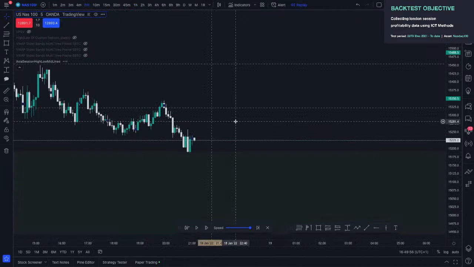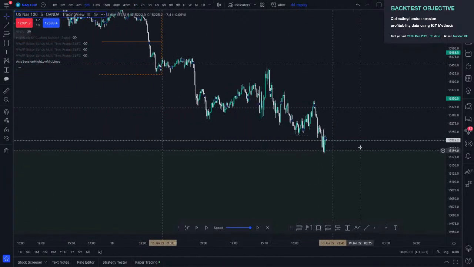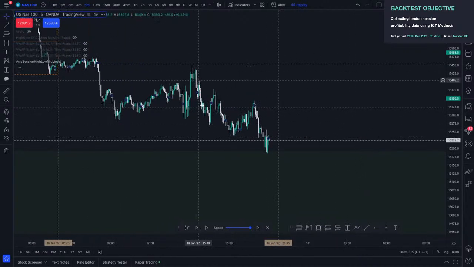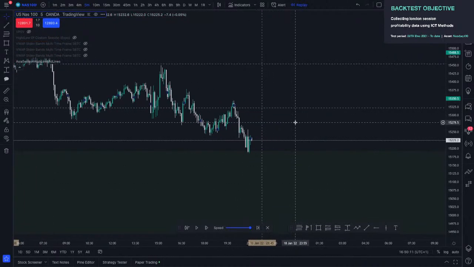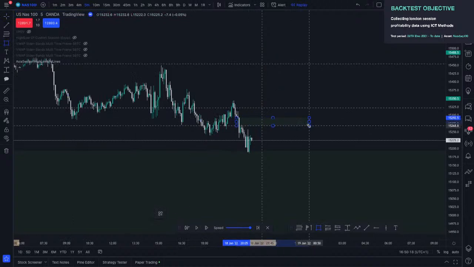Let's see how Asia behaves first. From an ICT perspective, you had this drop. We should be continuing lower. We do have this area. There's a potential test area.